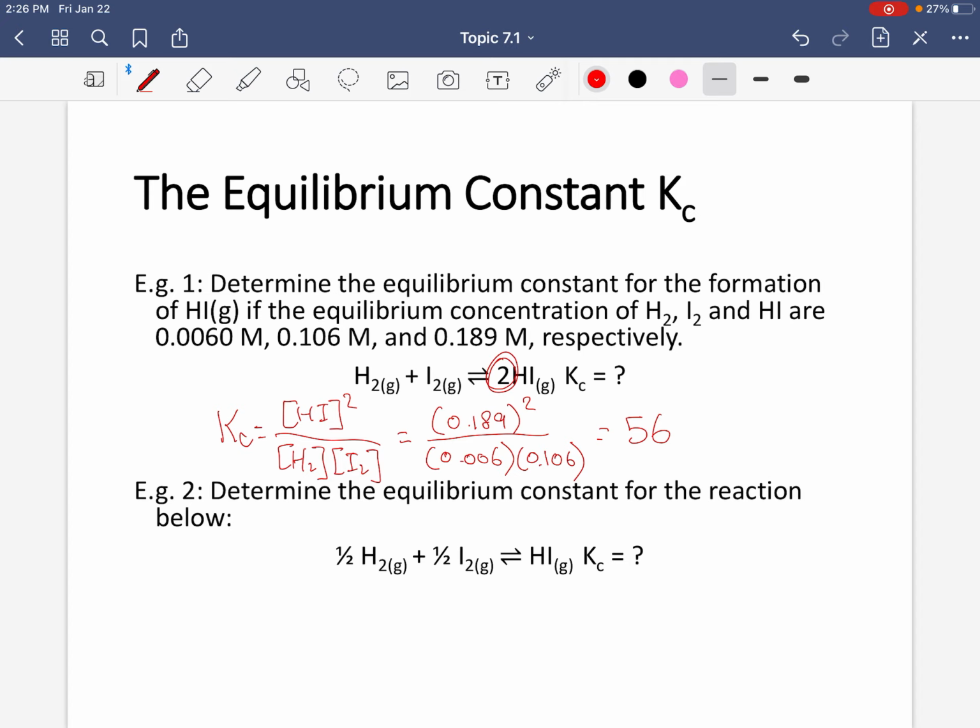Okay, good. Let's take a look at question 2. Question 2 is the same reaction as question 1. The only difference is the coefficient.